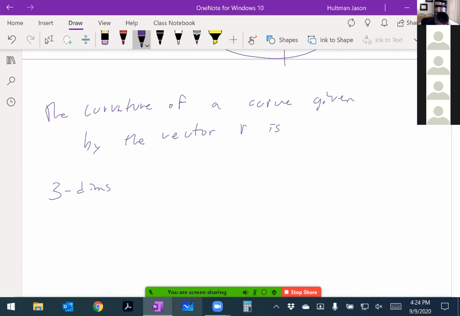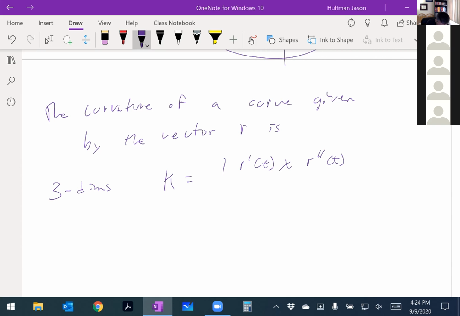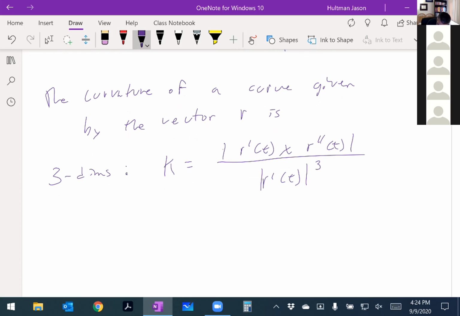It can be represented as k equals the magnitude of r prime of t crossed with r double prime of t, over the magnitude of r prime of t cubed. Okay, that's for 3 dimensions.